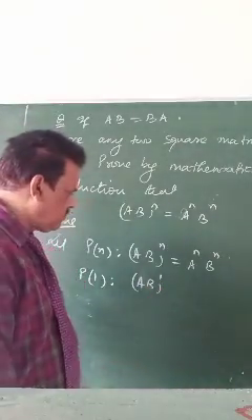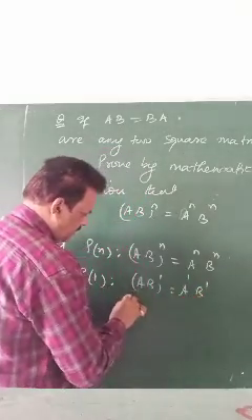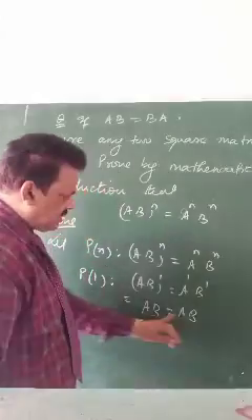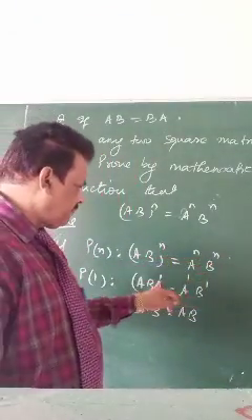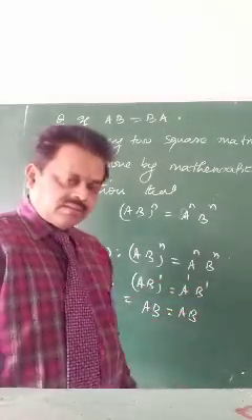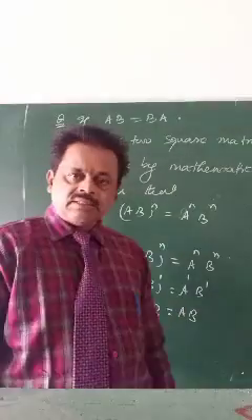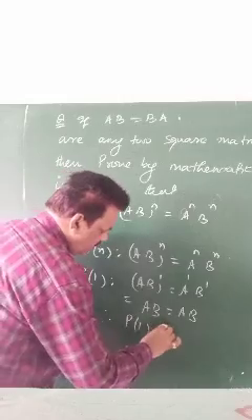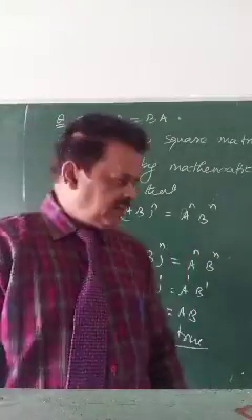That is A^1 B^1, so AB equals AB. Both sides are equal. This is not transpose, this is power. So 1 means it is only AB, this is only A, this is B. Now P(1) is true, because left hand side equals right hand side. Therefore P(1) is true. Remember the 3 steps I had told earlier.